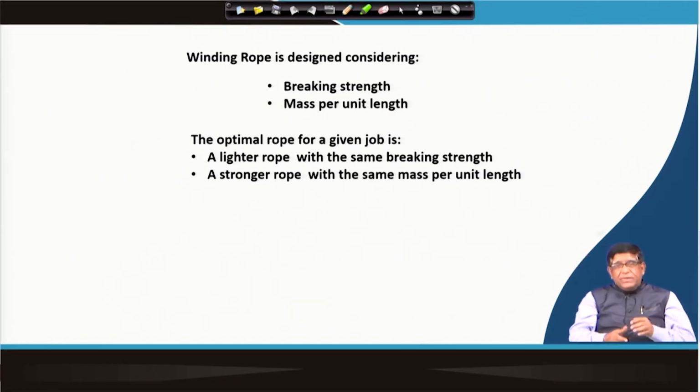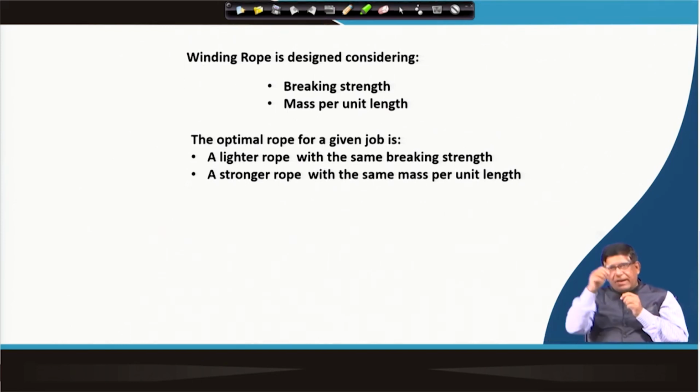That is why, if your mines are getting deeper, the same rope will not be applicable. When your depth increases, if you use the same dimension and same quality of rope, that rope may fail. And more weight means again more power.